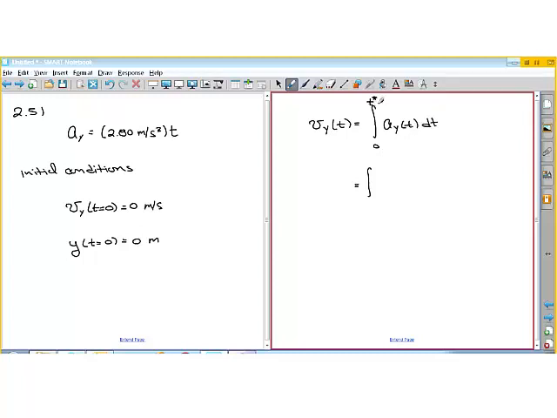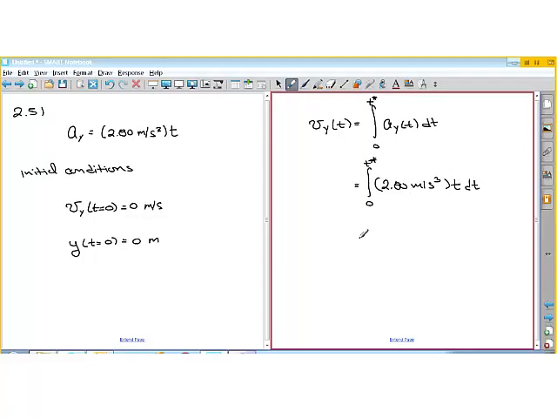So t star is a particular time. T here is just the variable. Now we're going to stick in the expression for a sub y. So you get 2.80 meters per second cubed times t, that's a sub y of t, times dt.